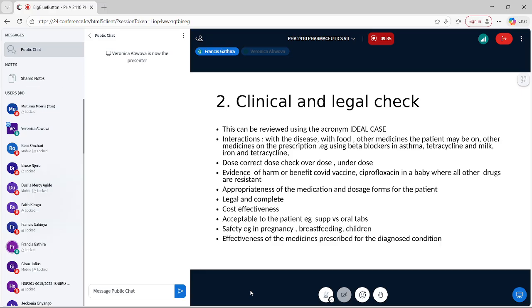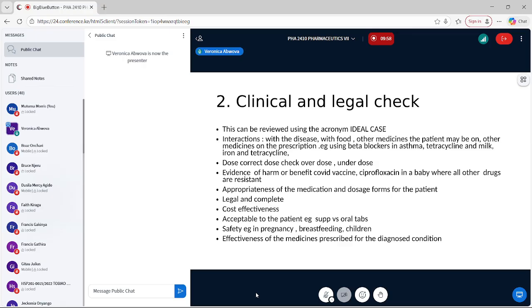Confirming if the patient is expecting or if they are pregnant. Yes. Based on that, if you see a prescription that has thalidomide, the first thing you want to see, number one, is the sex of the patient. Are they male or are they female?